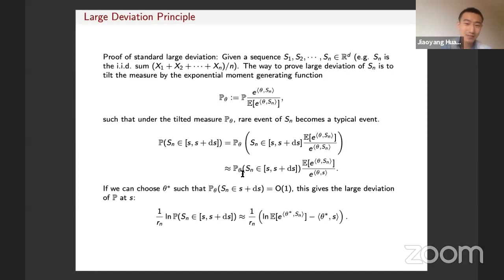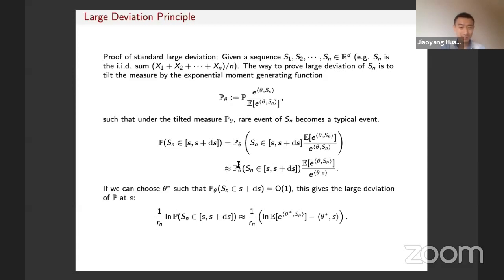If we can choose some theta star such that under this tilted measure Sn is close to S becomes a typical event, roughly with probability of order 1, then this will give the large deviation of P at S. So we can take log and divide by some rate function Rn.